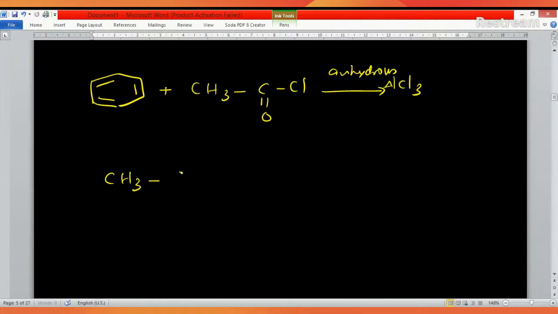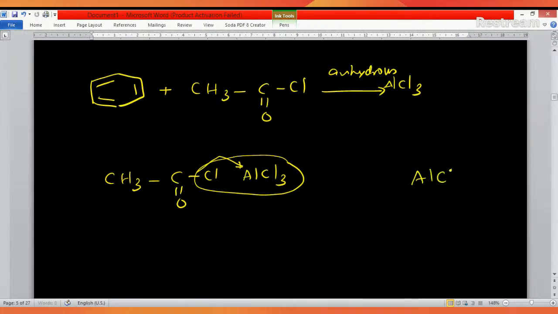So CH3C double bond O Cl, acetyl chloride, on action with AlCl3, leaves with its electrons. So AlCl3 will capture this halogen to form AlCl4 minus, and the other product would be CH3C double bond O plus.